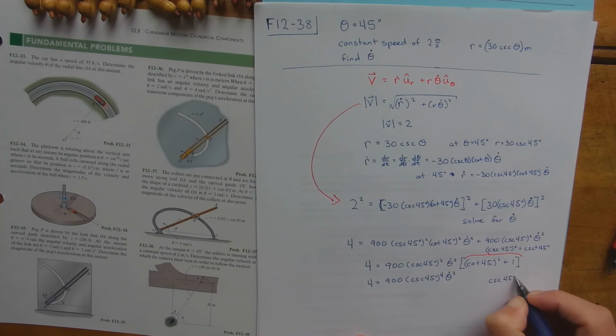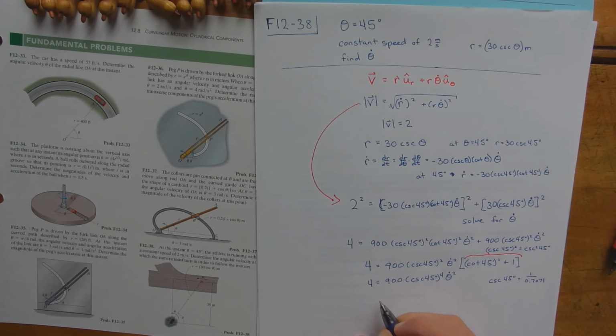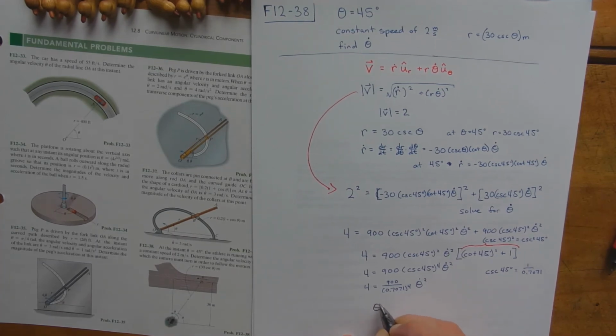Cosecant of 45 degrees is equal to 1 over 0.7071, and so I have, well, let's write it out first. 4 is equal to 900 divided by 0.7071 to the 4th times theta dot squared, and then solving for theta dot, we have to take the square root of 4 divided by 900.